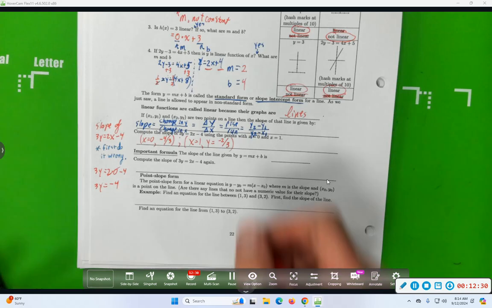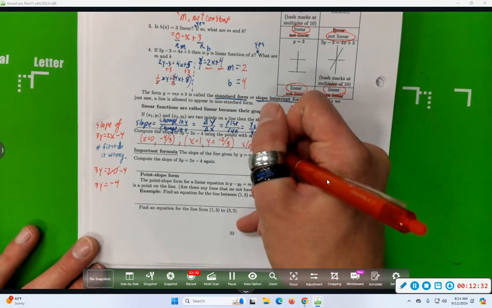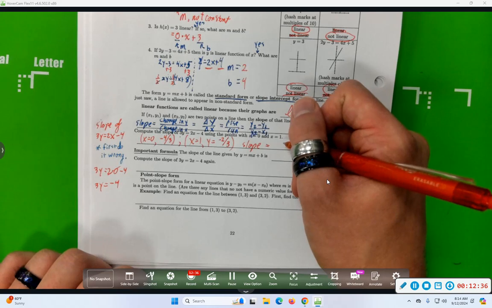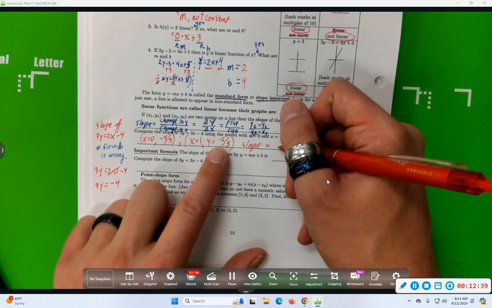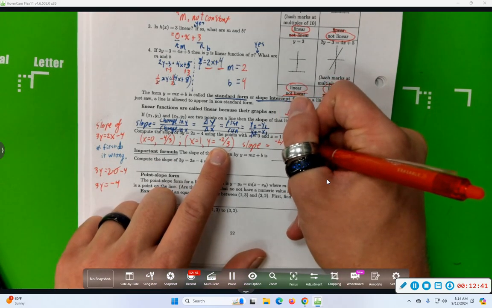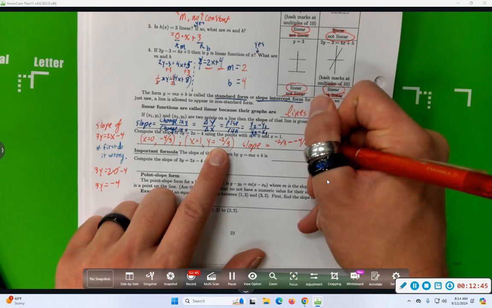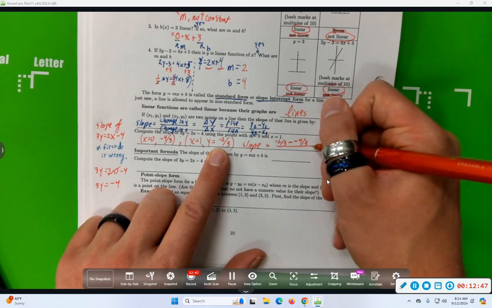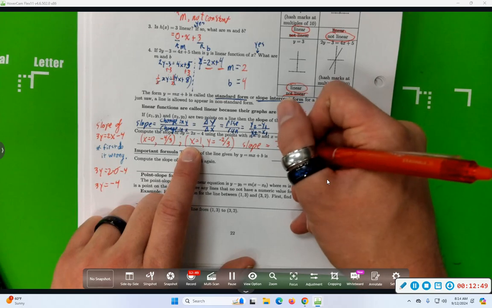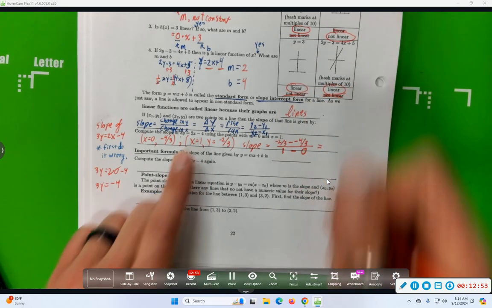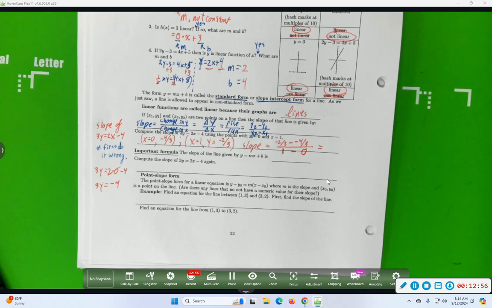So that means the slope is the change in the y value. It doesn't matter which one I subtract first, but I just need to be consistent. So negative 2 over 3 minus negative 4 over 3, all over the x value that corresponds to 2/3, which is 1, minus 0. And now it's just a simplifying game, right?